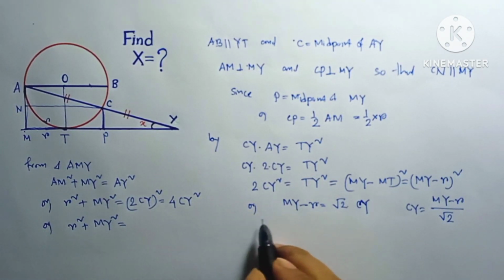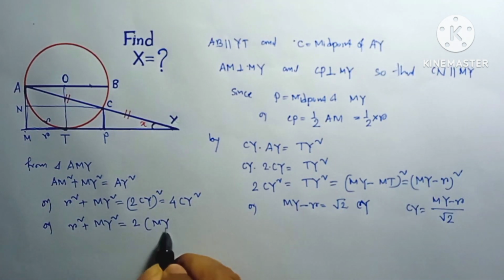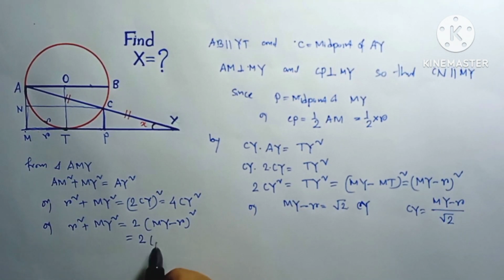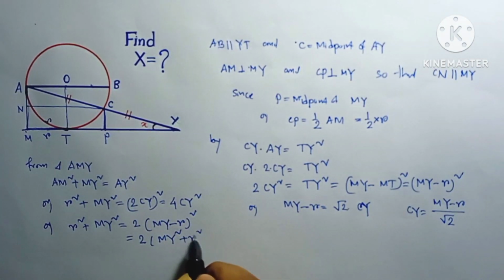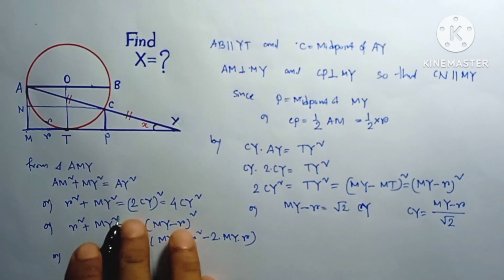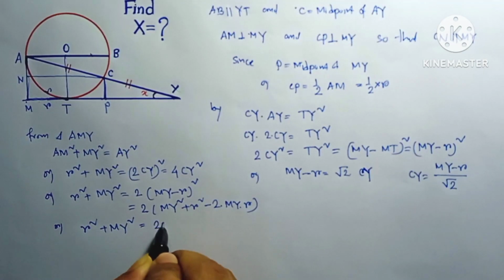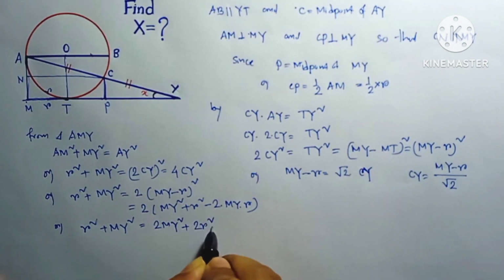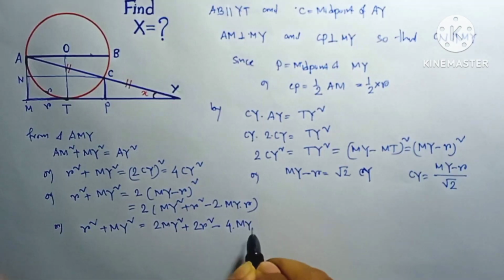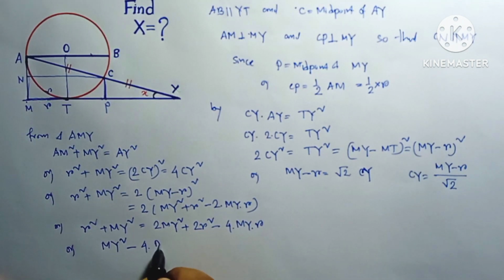By putting the value of 2CY square, which is MY minus R square, that is MY square minus 2 times MY into R plus R square, you can write R square plus MY square is equal to 2 times MY square minus 4 times MY into R plus 2R square.